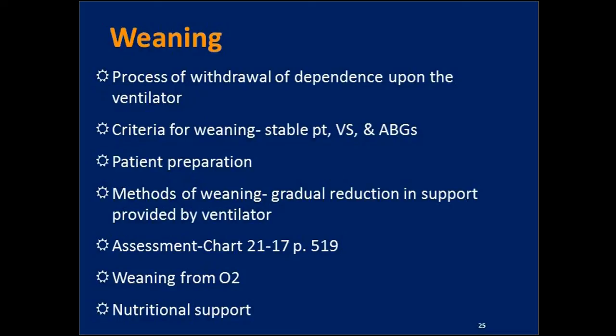Sometimes that's room air. Sometimes they eventually get to room air and they're okay. Sometimes if they have underlying lung disease and they wore oxygen at home, then we are only going to get them back to whatever their baseline was. So once we wean them from the ventilator, we continue to try to wean their oxygen level and get them either back to baseline or get them to room air.